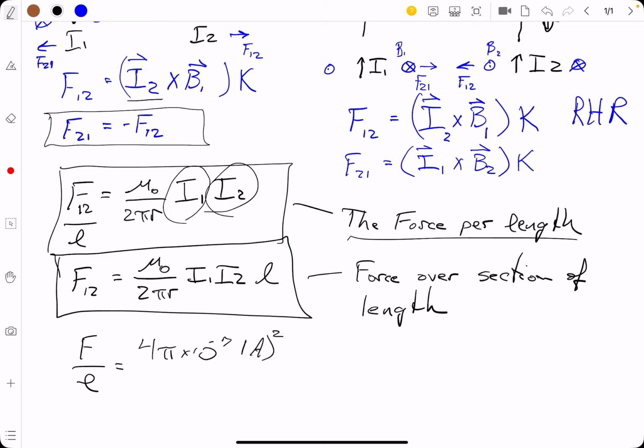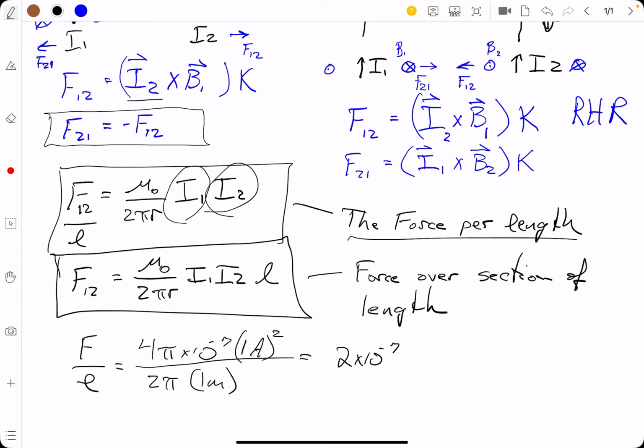So we've got 1 amp squared. Well, 1 squared is 1. And then we're dividing by 2 pi, and if we keep them exactly 1 meter apart, then we end up with 2 times 10 to the minus 7 as our force per length.